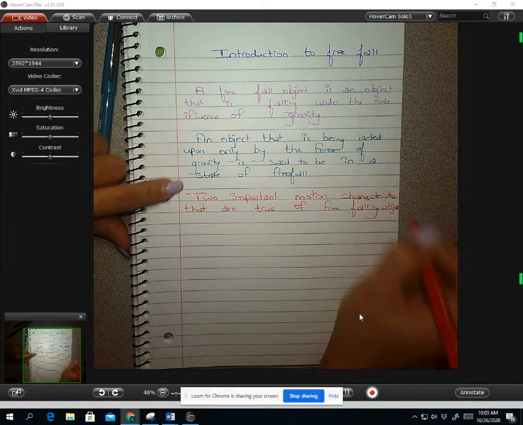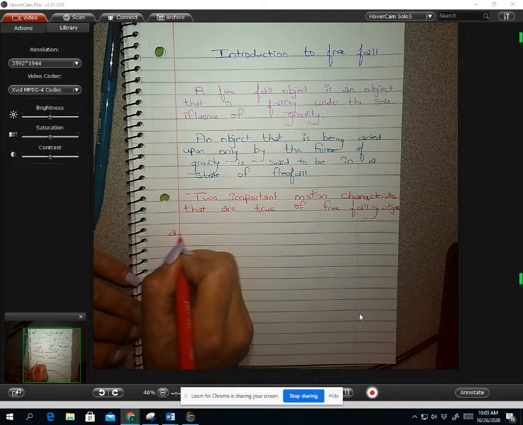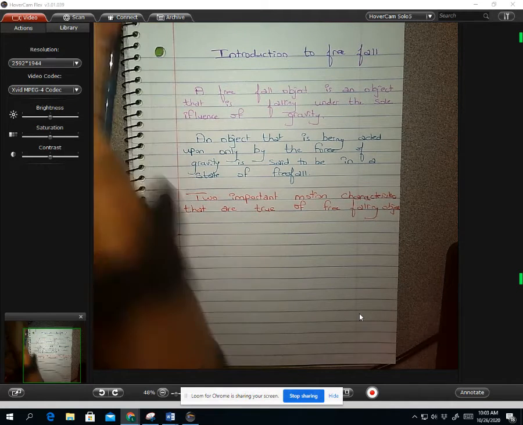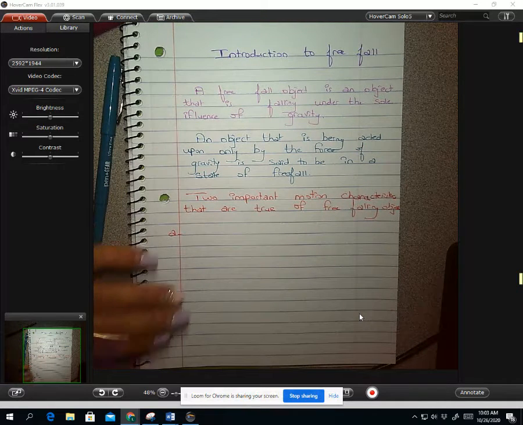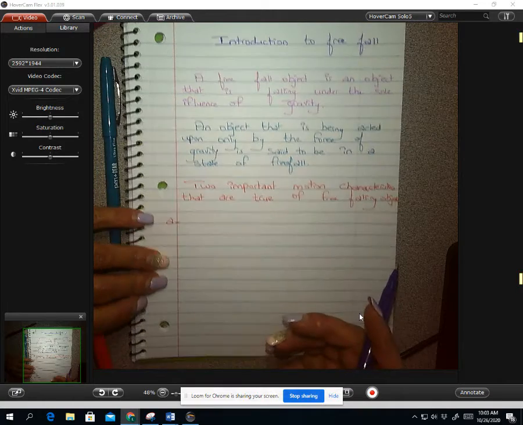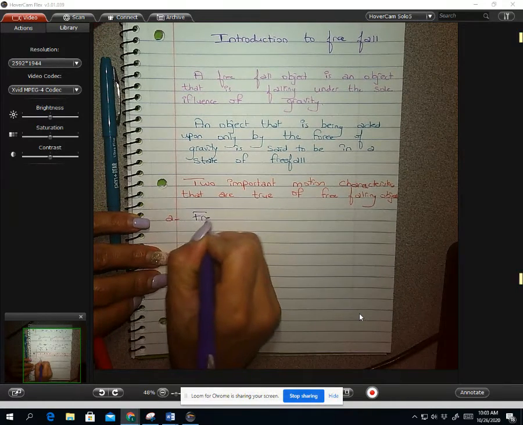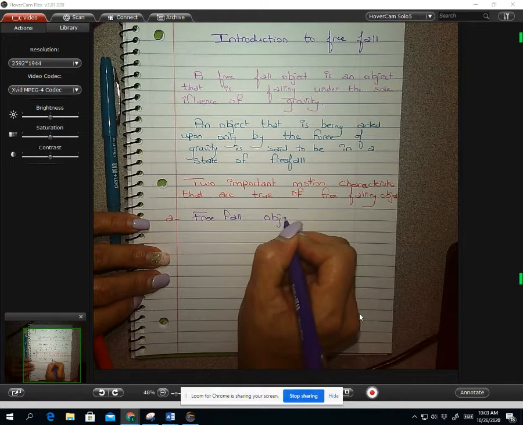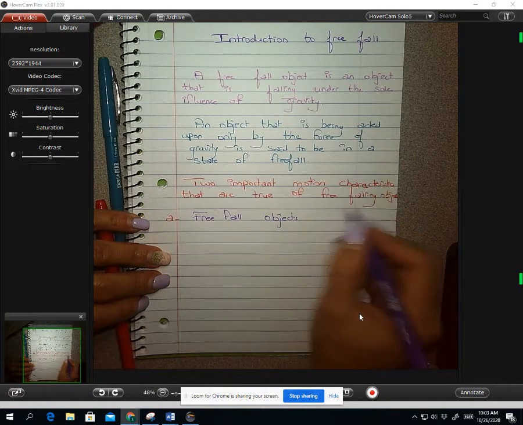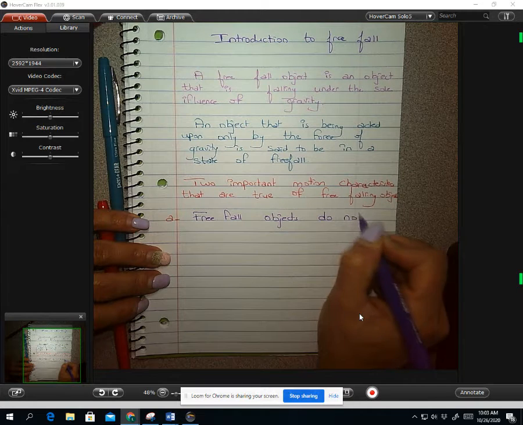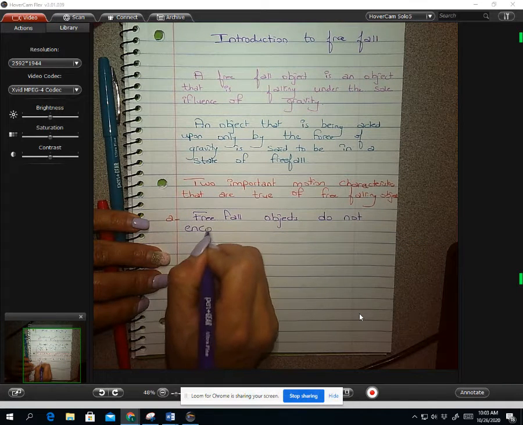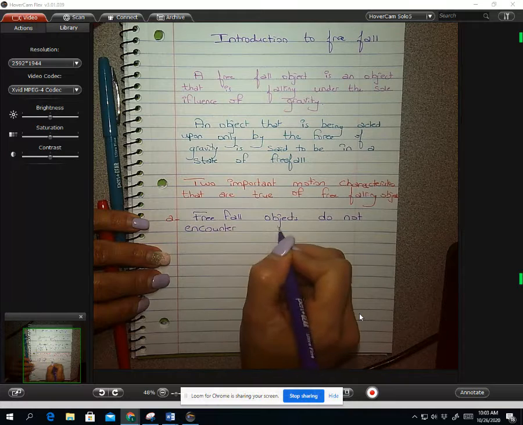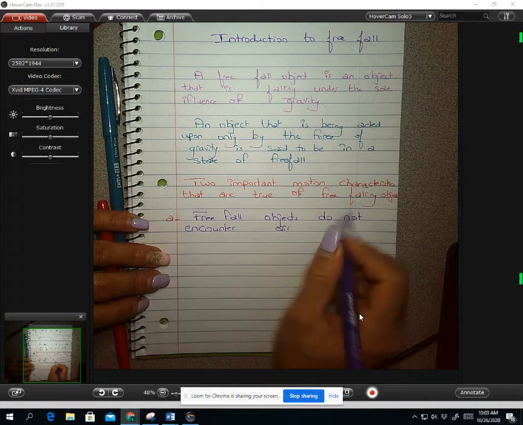And they are: A, free fall objects do not encounter air resistance.